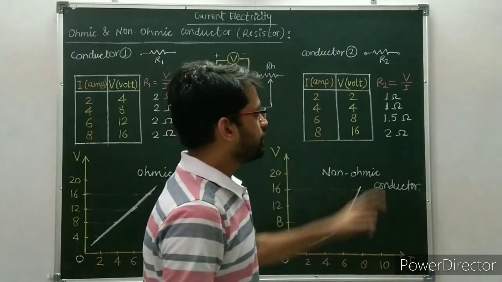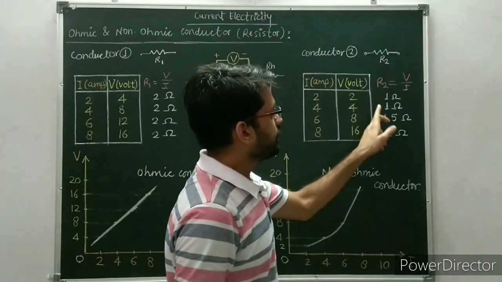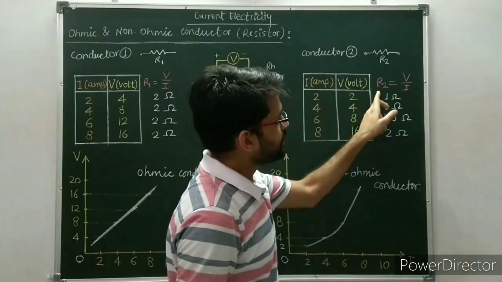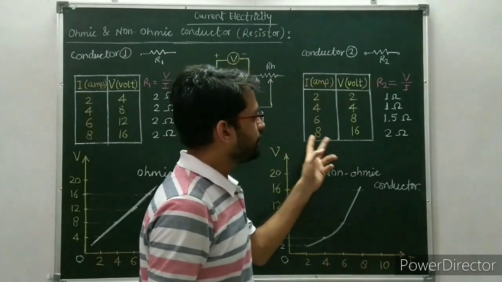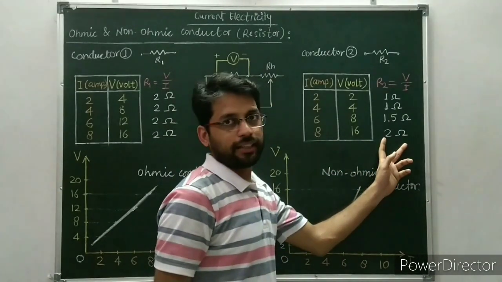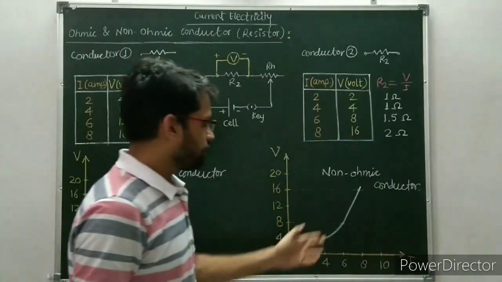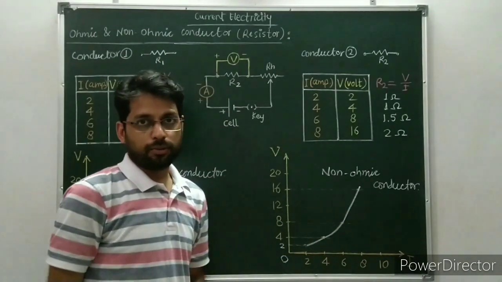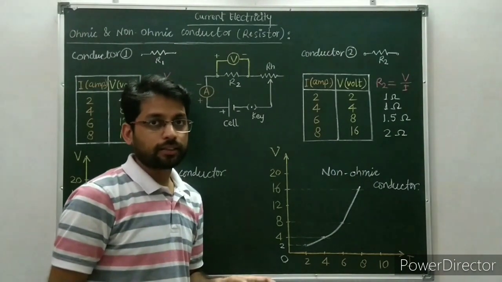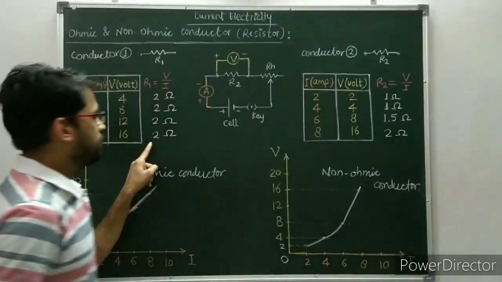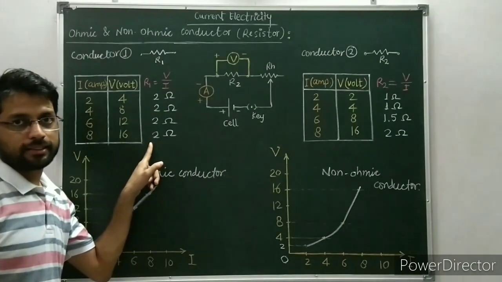Now you see that the resistance of the second conductor is not constant, it is increasing. When we increase the current, the resistance of the conductor increases, so the conductor is not obeying Ohm's law. To obey Ohm's law, the conductor must have a constant value of resistance.